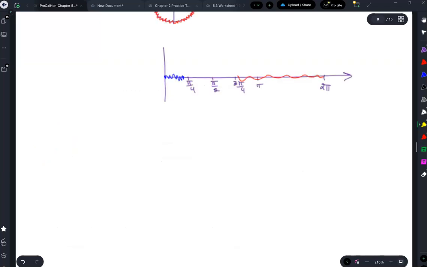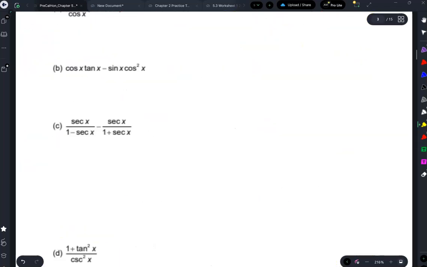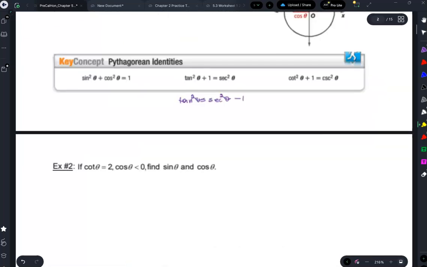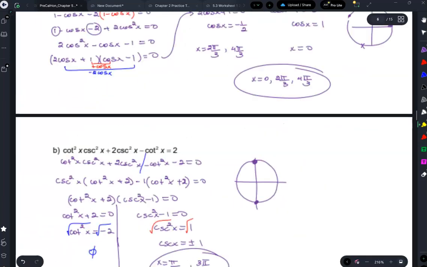You will just be given one of these as they come. If you're given this one, you work on this left side, and you get 0 minus sine of theta times 1, negative sine theta equals negative sine theta. It all works out in the math. Trust the math because it's bigger than us.